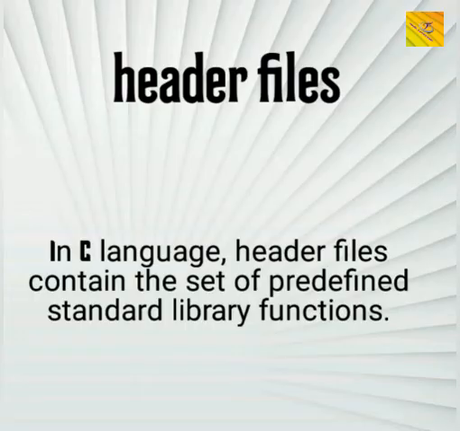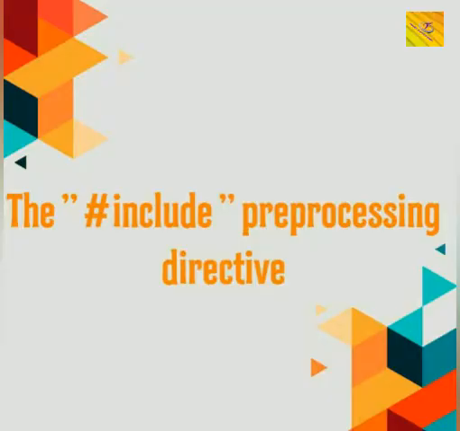Next is header files. In C language, header files contain the set of predefined standard library functions. The #include preprocessing directive is used to include the header files with .h extension in the program.